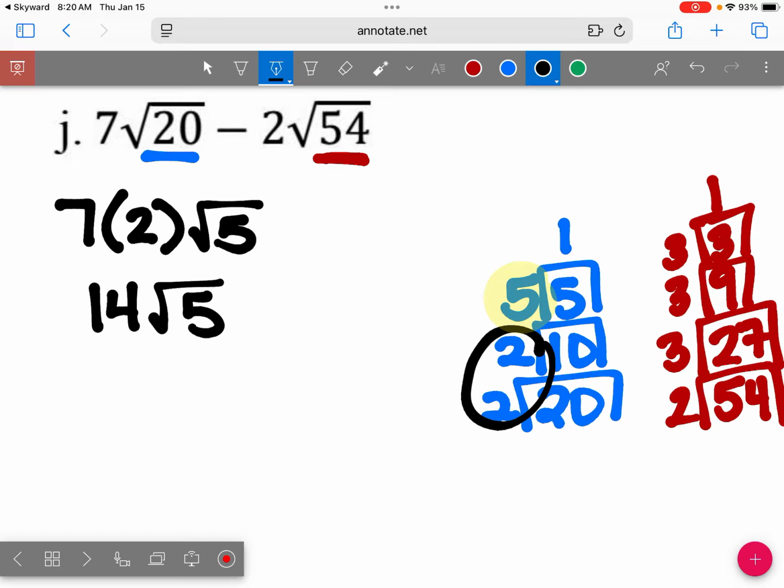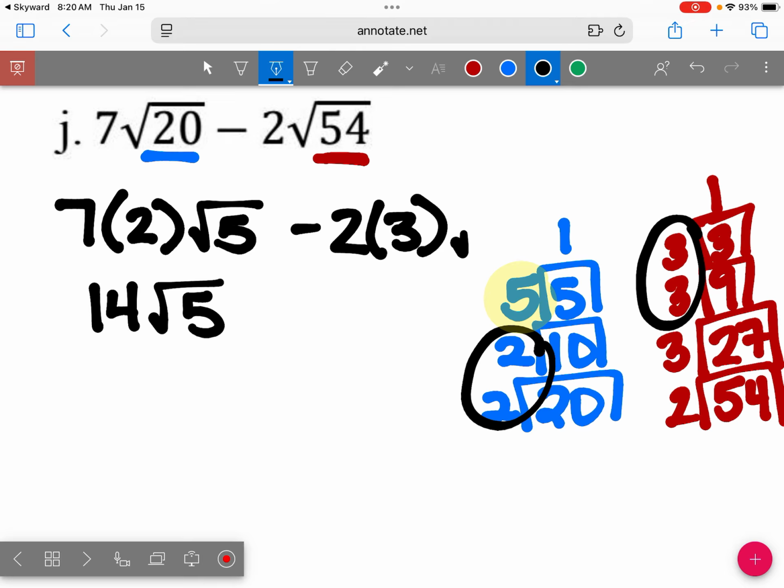All right, with my second one, the second one already has a negative 2. And I'm bringing out a set of twin 3's that's going to come out with the negative 2. And under, I have 2 numbers that didn't have twins. I have a 3 and a 2.